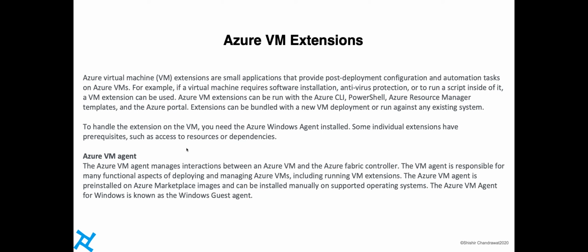Azure VM extensions can be run with Azure CLI, PowerShell, Azure Resource Manager templates, and Azure Portal. Extensions can be bundled with new VM deployment or run against an existing system. To handle the extension on a VM, you need the Azure Windows Agent installed, and some individual extensions have prerequisites such as access to a resource or dependency.